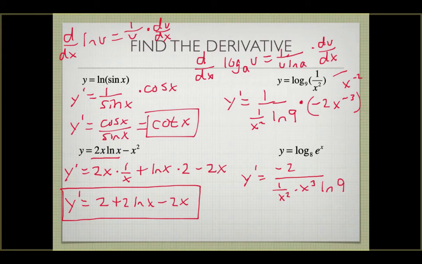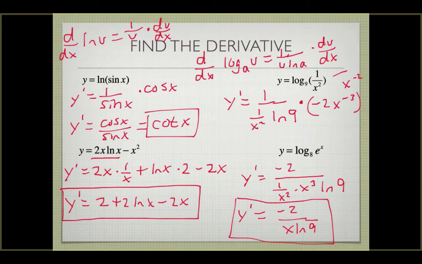We have x cubed times 1 over x squared, so y prime is negative 2 over x ln 9. This is my derivative for y equals log base 9 of 1 over x squared.